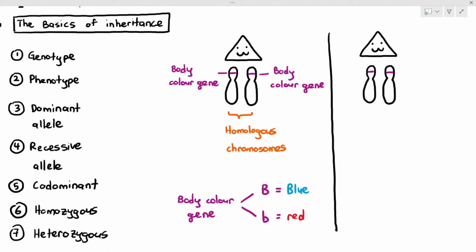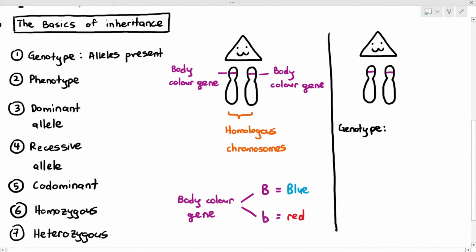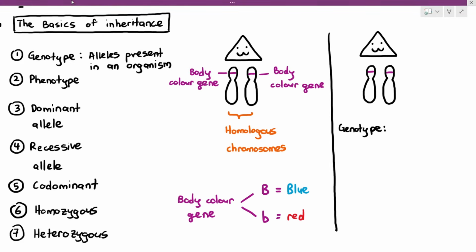So if a question asks you what's the genotype of the organism, the genotype of the organism just represents the alleles present in the organism. What are the possible alphabets or alleles that the organism might have? The organism can have one allele which is large B and the other allele which is also large B as well.